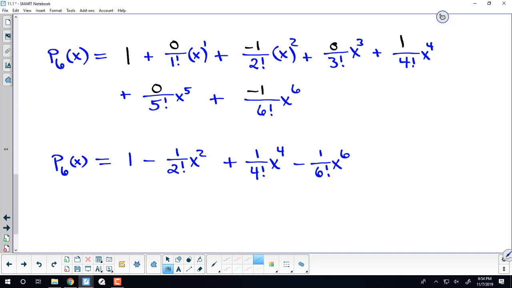So that was for cosine of x near x equals 0. Again, we can say that this is approximately cosine x, for x near 0. Does anybody have any questions on that?